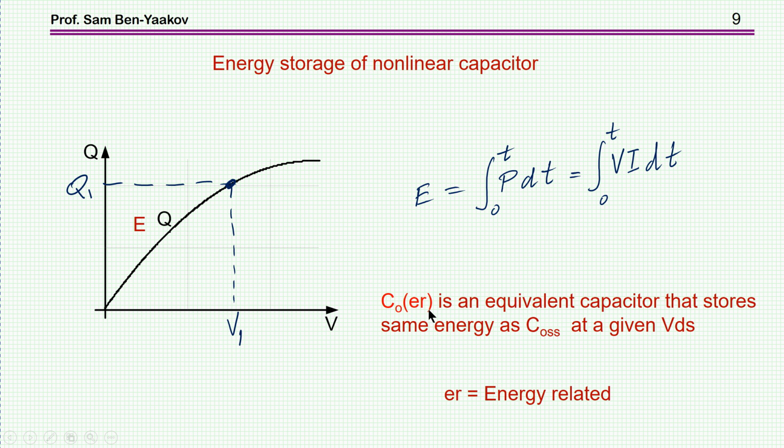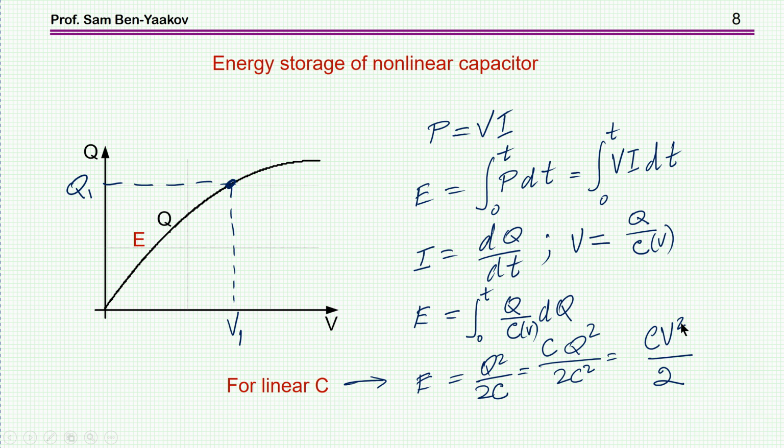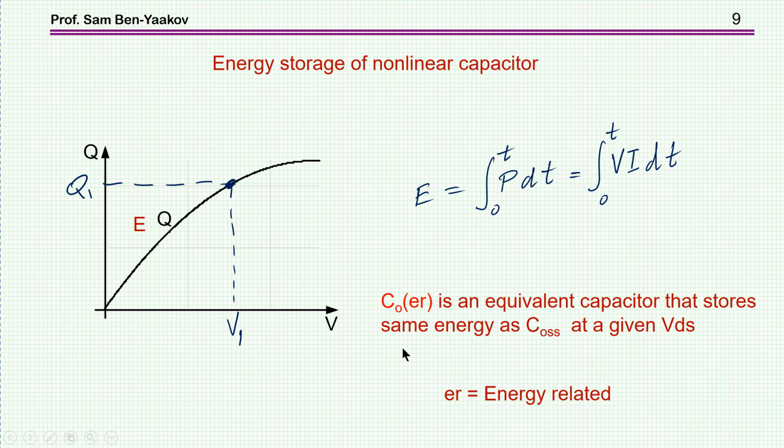So this is a linear capacitor such that when the voltage on it is the maximum voltage, the energy stored in it will be the same as the energy stored in the output of the power MOSFET transistor. So this will be, for one point, an equivalent capacitor. And if you know an equivalent capacitor, this is a linear capacitor, then you can go and use, of course, this equation. This will be the maximum voltage. This will be the equivalent capacitor, and get the energy. So this will be one way to handle it.